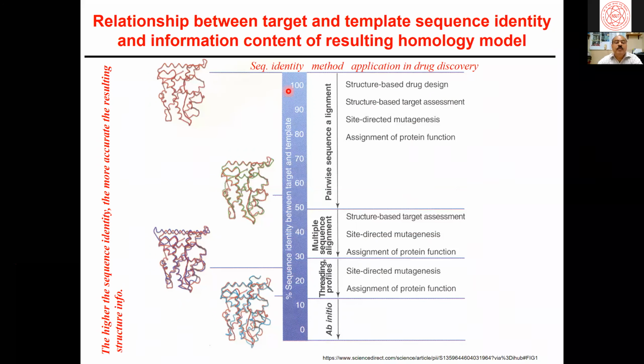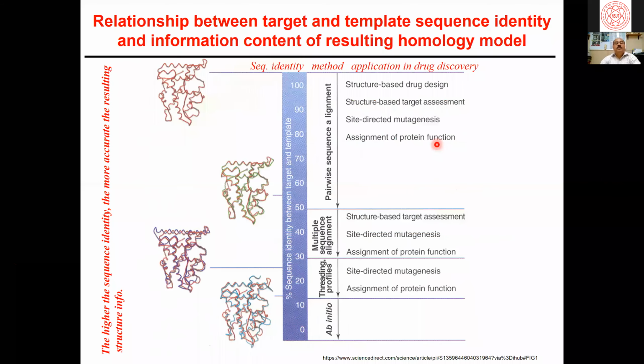Between 90 to 100%, you see them exactly overlapping. That means the model you have predicted is very, very good, and it completely overlaps on the template. So essentially, the higher the sequence identity, the more accurate the resulting structural information, and these can be used for various applications in drug discovery, like structure-based drug design, structure-based target assessment, site-directed mutagenesis, assignment of protein functions, and so on.